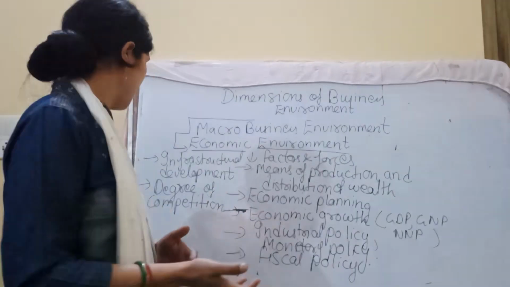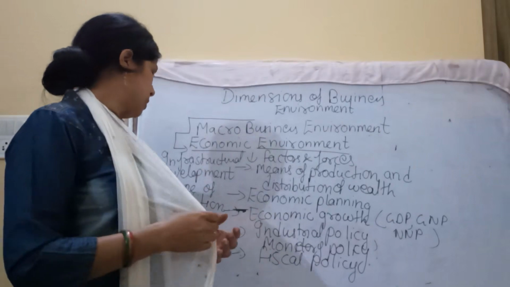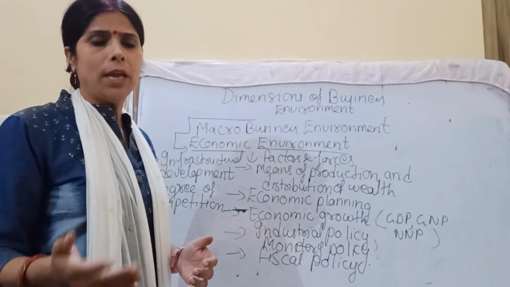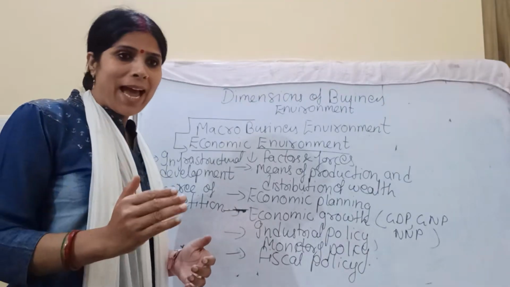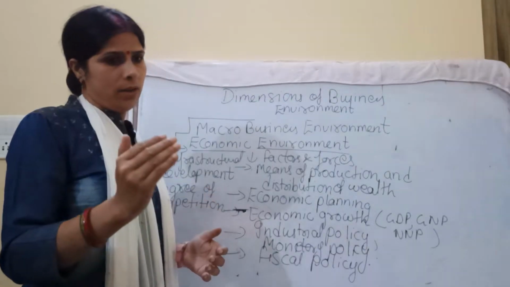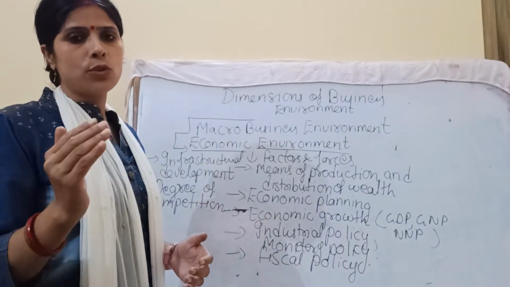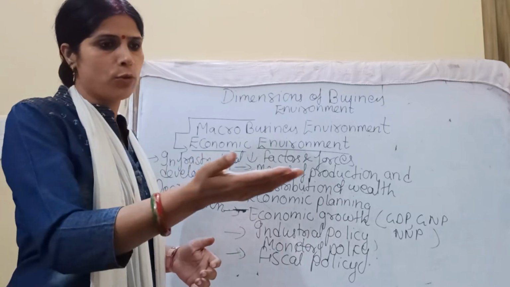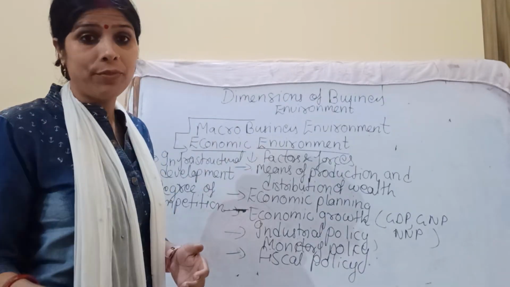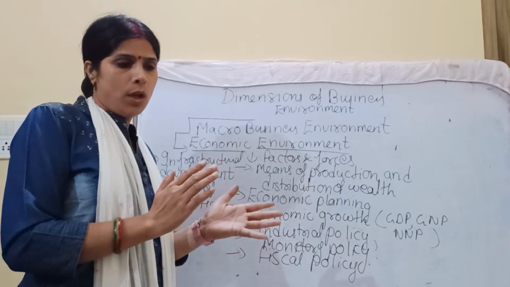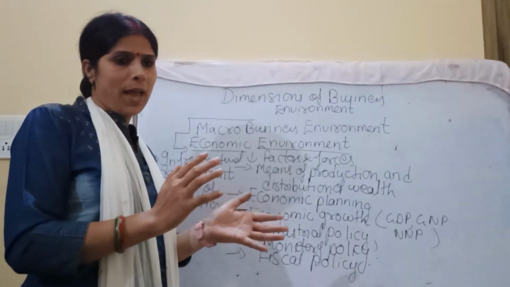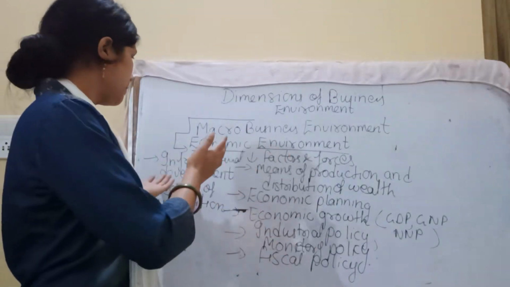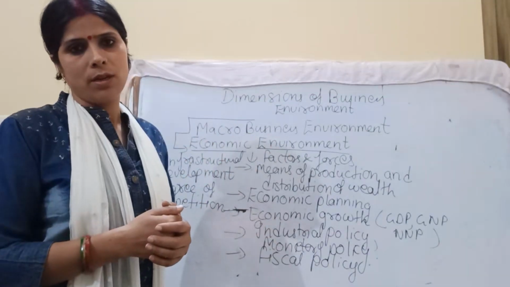Then the degree of competition is also there, like perfect competition, imperfect competition, oligopoly, monopoly. All these situations can arise according to the policies of the government. Like foreign direct investment: the announcement made by the government related to FDI is going to have an impact, which can be positive as well as negative on business concerns.